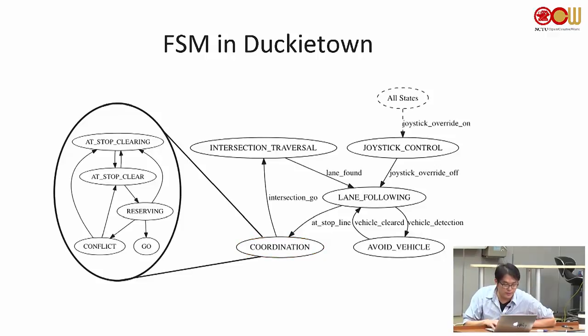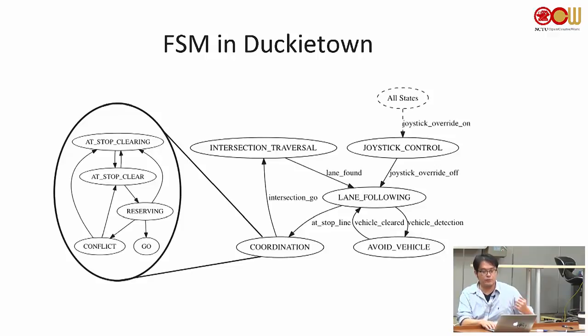This is another perception-based event, at stop line, and then the state will transition from lane following to coordination. Actually, coordination will move to something else very quickly. This is some example of a finite state machine in Duckietown.